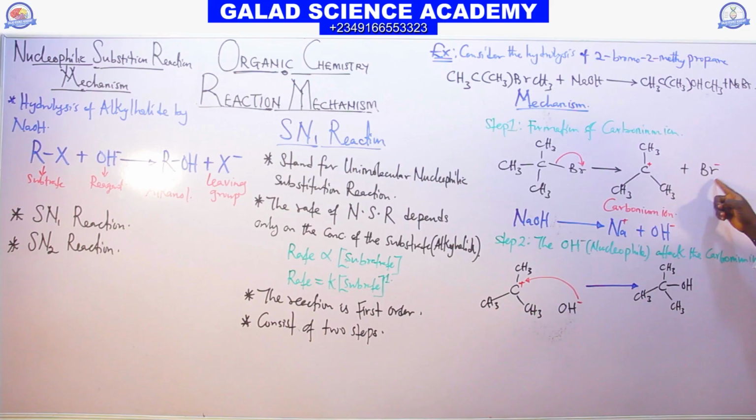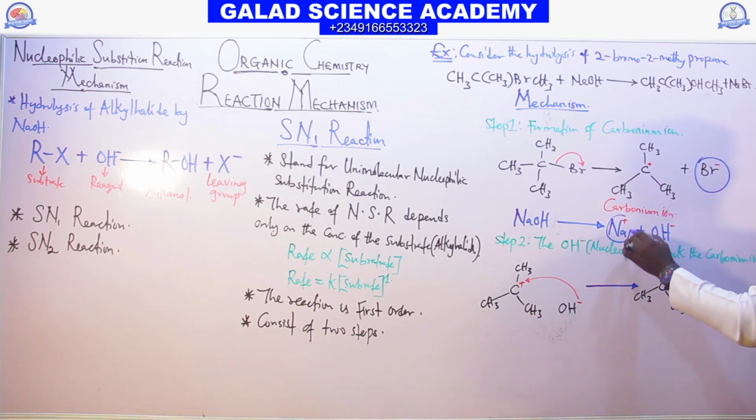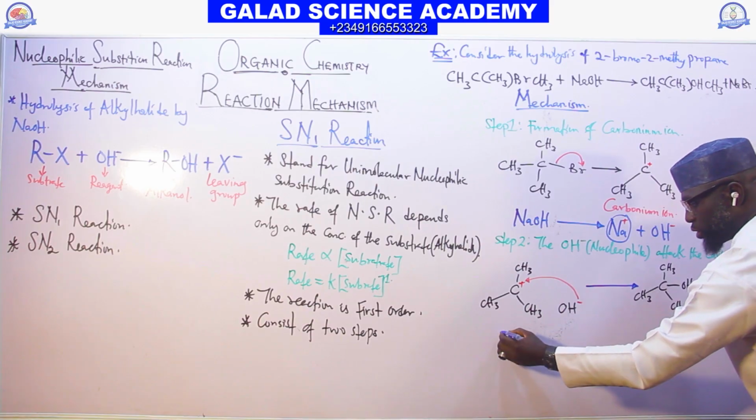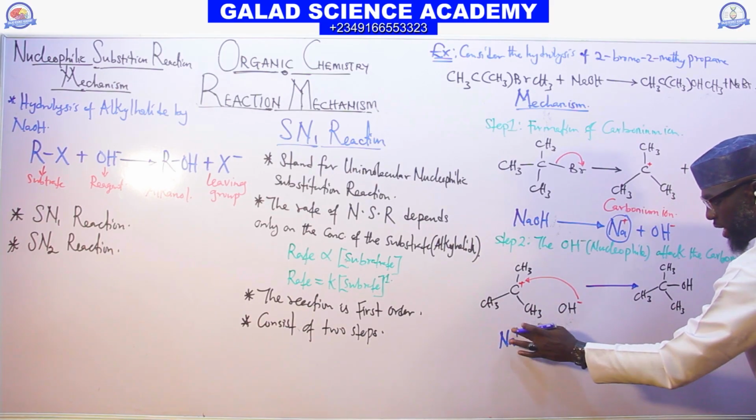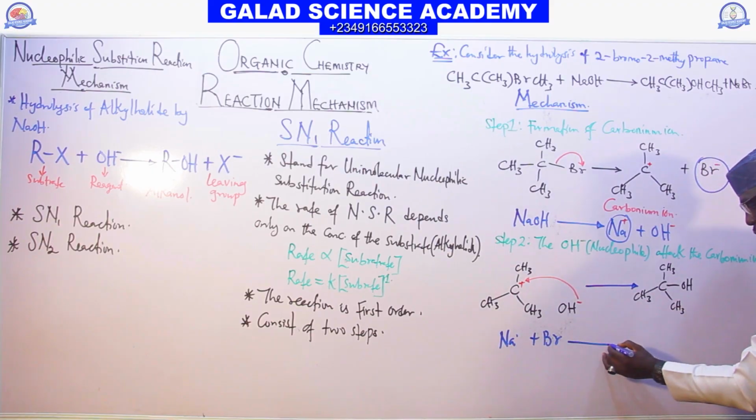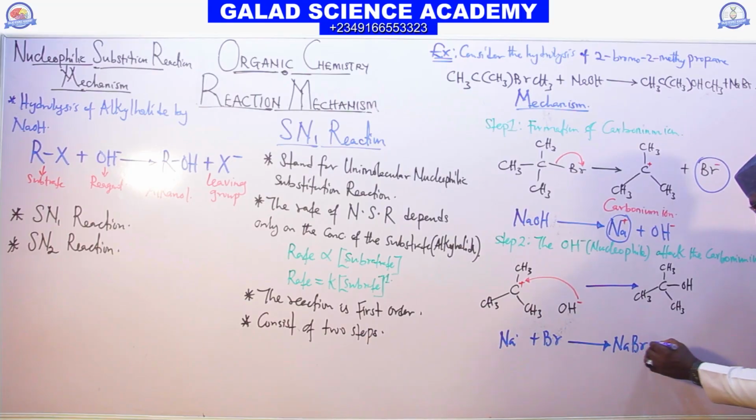And the bromine that we have here and the sodium that we have here, you now have sodium ion plus Br. Let me remove this. They will give you sodium bromide.